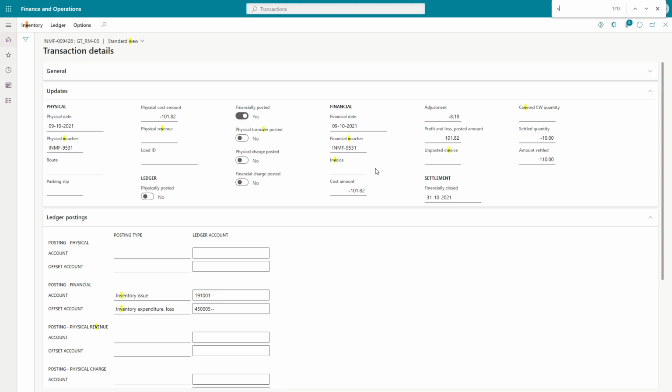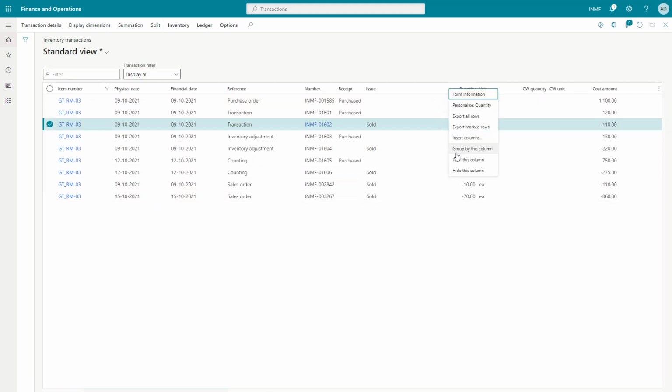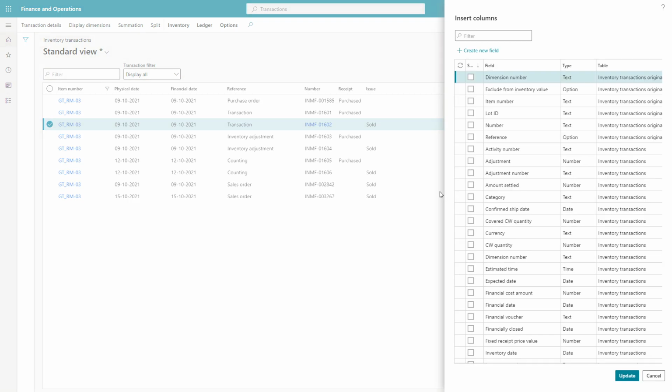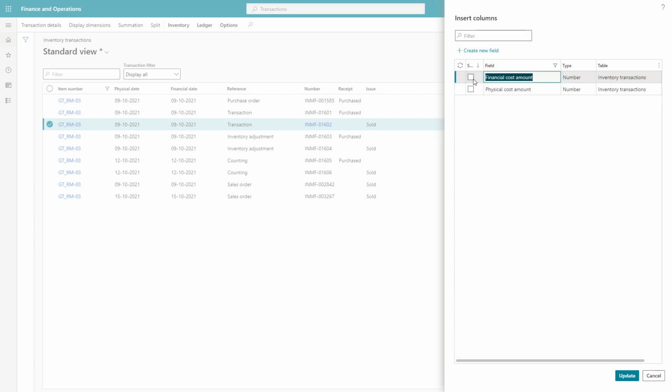let me search value. So here, let me add in this list itself. Financial cost, physical cost.